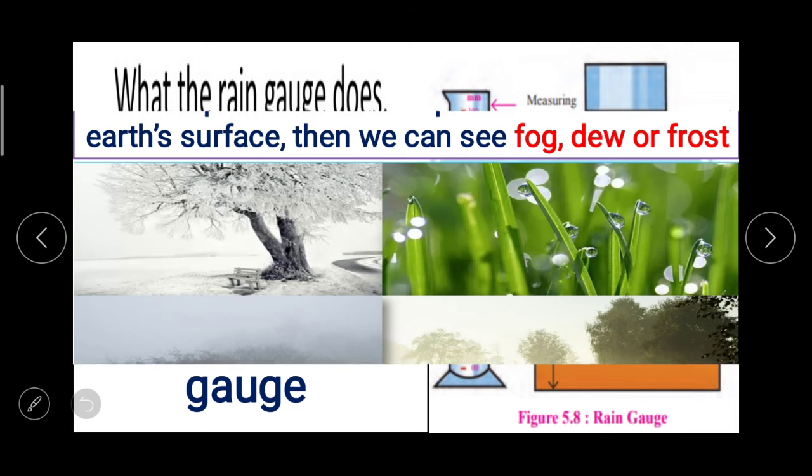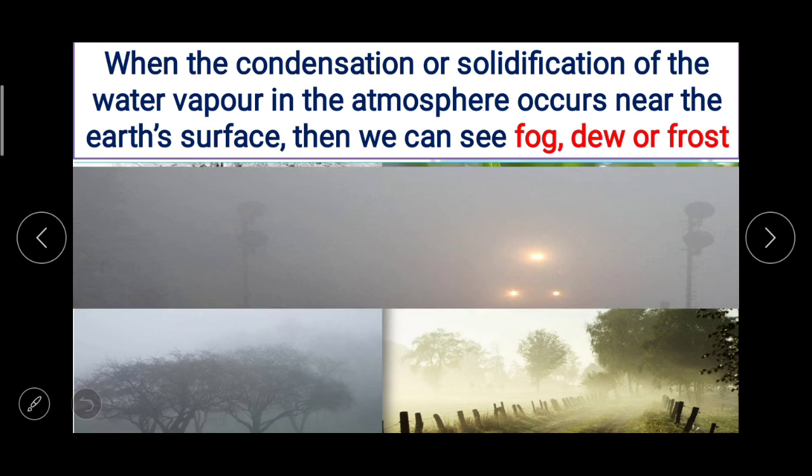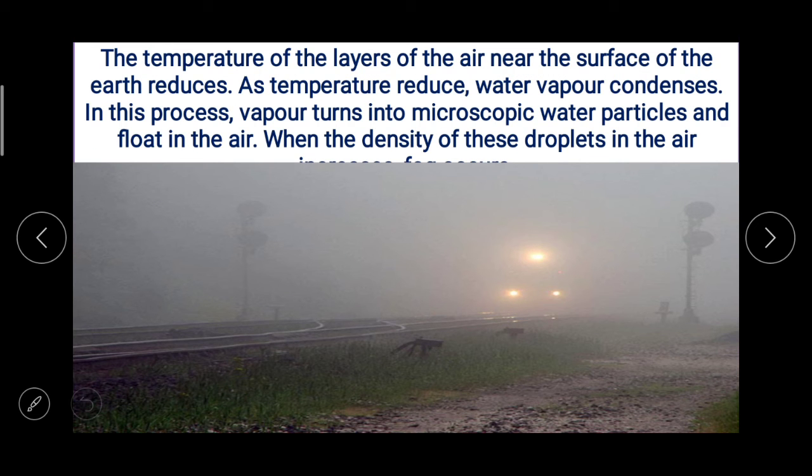Now the last 2 points of this topic, fog, dew and frost. When the condensation or solidification of the water vapor in the atmosphere occurs near the earth's surface, then we can see fog, dew or frost. Now one by one, the temperature of the layers of the air near the surface of the earth reduces.